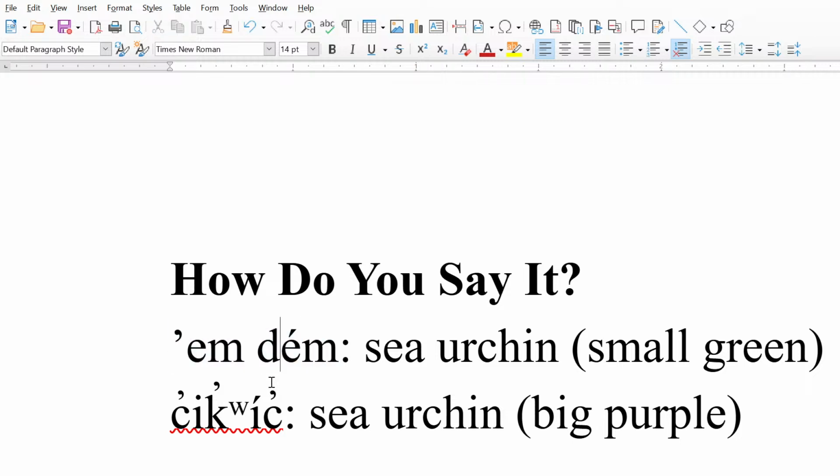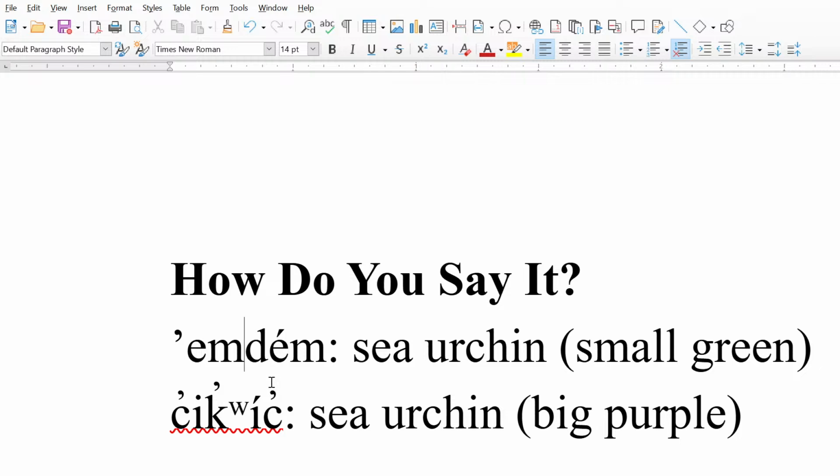The second syllable is the one that is more pronounced. So that's why this second E has an acute accent on top of it. Because this last syllable is the one that's getting the emphasis. So dum means sea urchin.